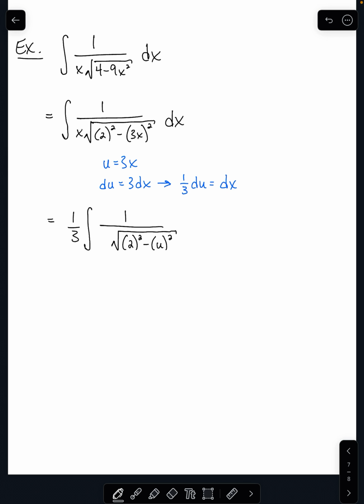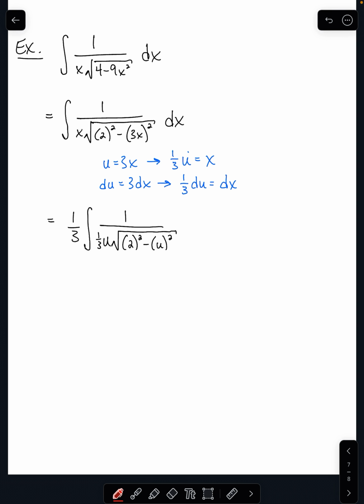And we do have that extra factor of x out there, which means we need to come back to our substitution and divide both sides of u equals 3x by 3. And that gives us a way to remove the x factor in the denominator and replace it with 1/3 times u.